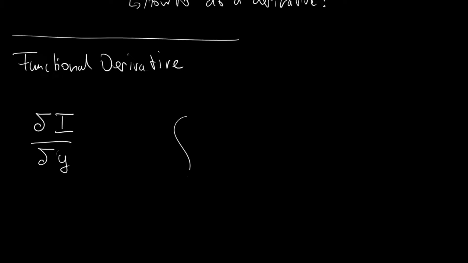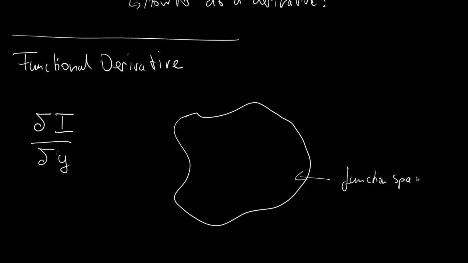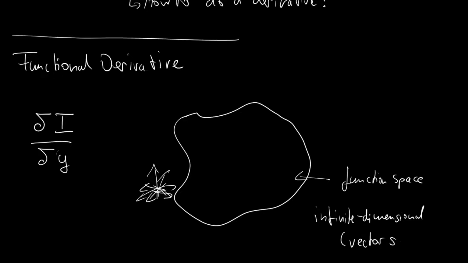For this, let us look at the following. Let's say this is the function space that we are considering. I don't want to use a particular example, just think of it as a function space. Usually this function space is infinite dimensional. If you were to draw a coordinate system, it would have infinitely many axes and would be really cluttered. So let's note this down: this is an infinite dimensional vector space.